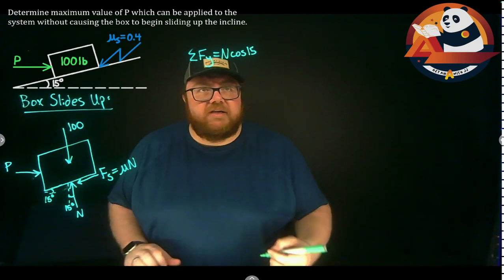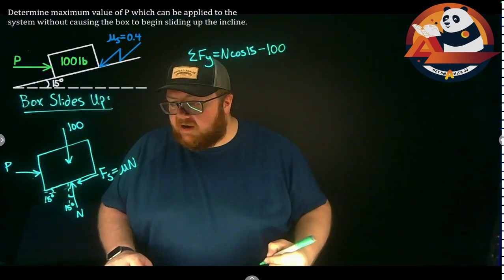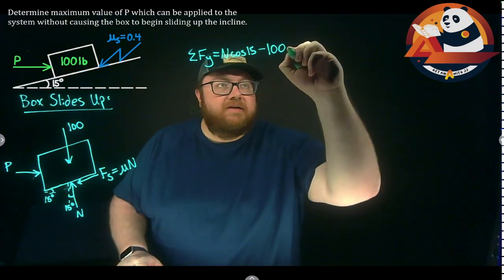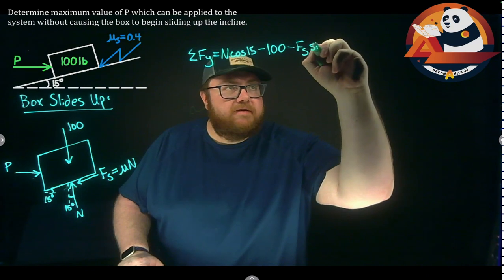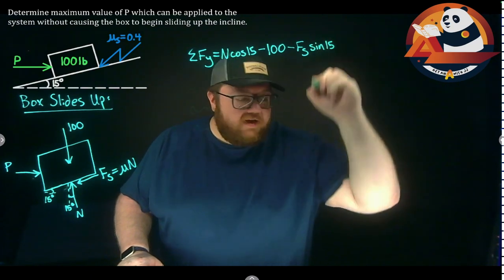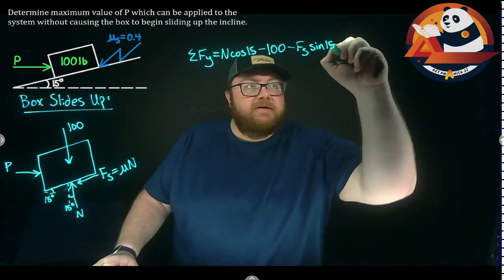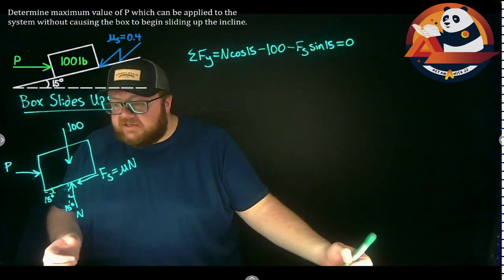And my 100 is straight down. Minus 100 from the weight of the box. And then minus the friction force. Minus Fs sine 15. And if we're in equilibrium, we know this should add up and get us to 0. Equals 0.